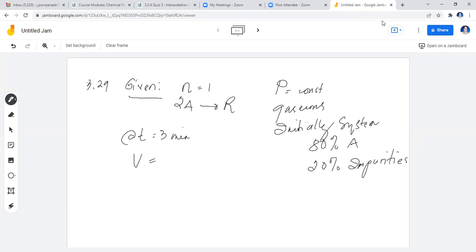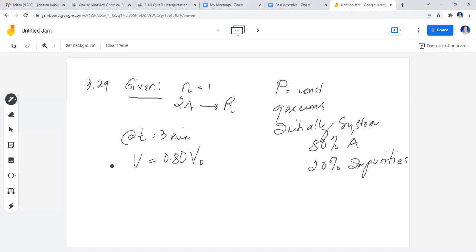Again, I will read. The volume of the reaction mixture starting with 80% A decreases by 20% in 3 minutes. So what is your final volume in terms of the initial volume? Correct, Albert. So it should be 80% of the initial volume because there's a decrease of 20%.